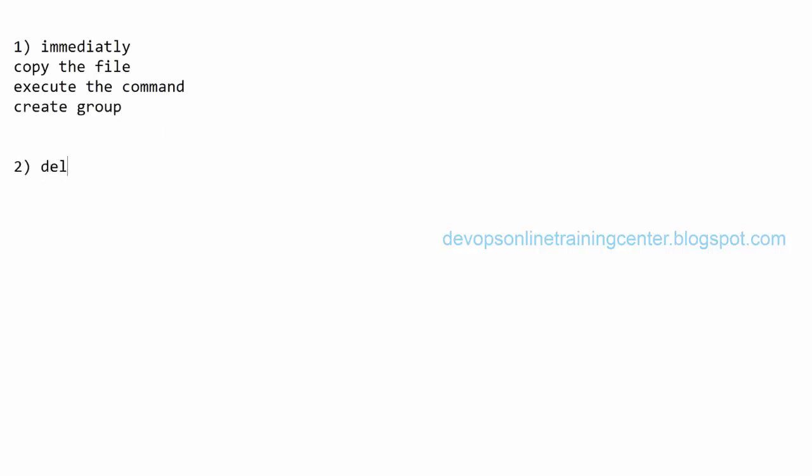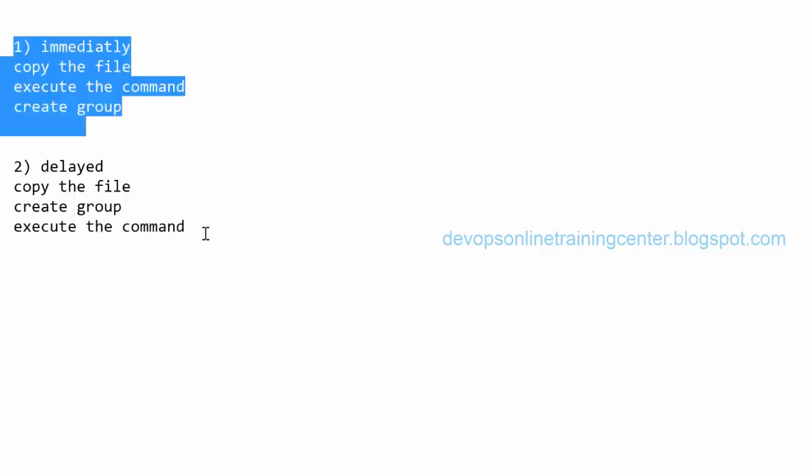See, the sequence is, if it is immediately: copy the file using the template, execute the command, create group. If it is delayed: copy the file, create group, execute the command.